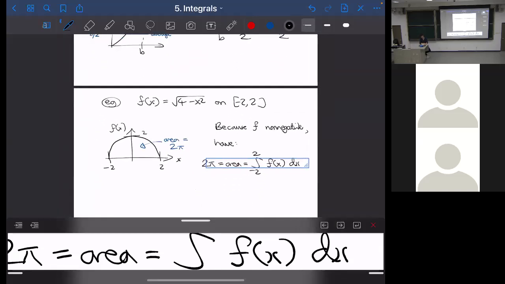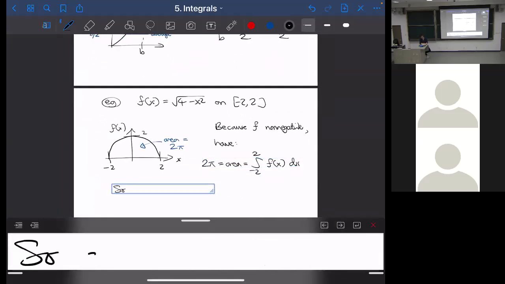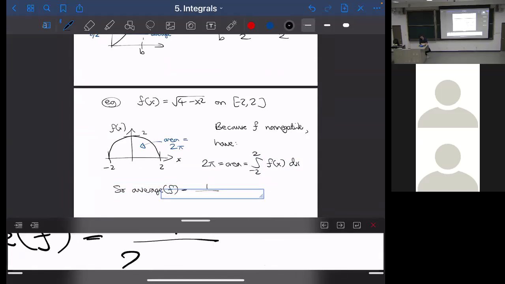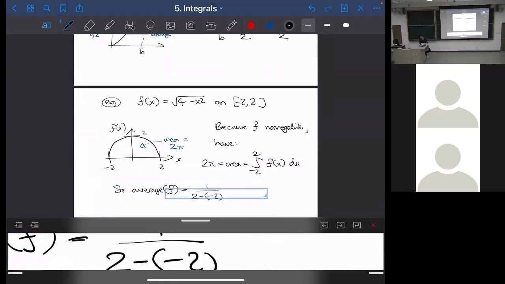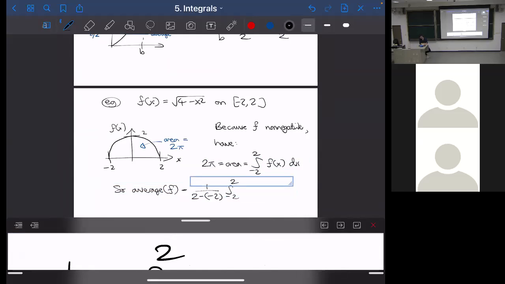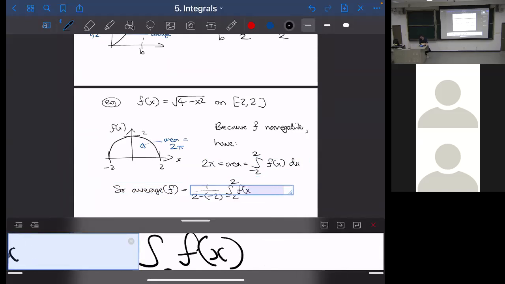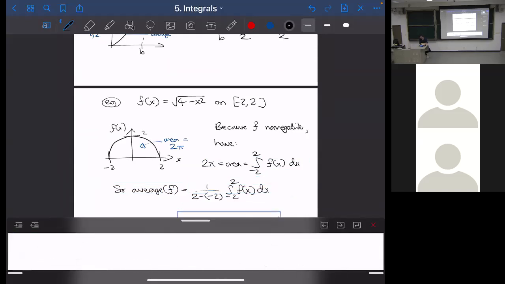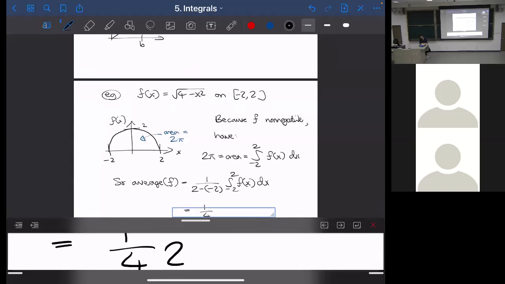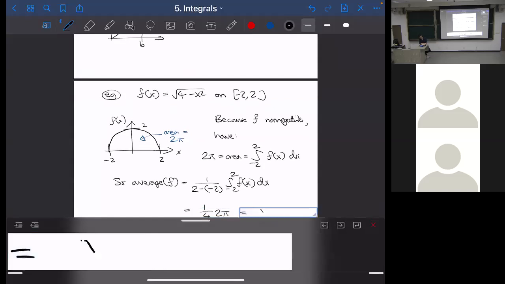But we just defined the average, so the average of f is equal to 1 over 2 minus -2 times this definite integral, and so we have 1 over 4 times 2 pi. We get pi over 2.